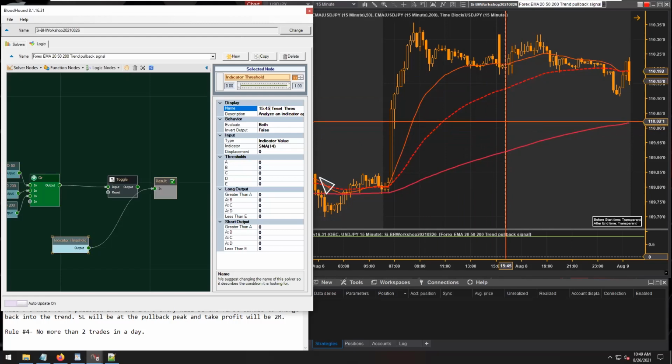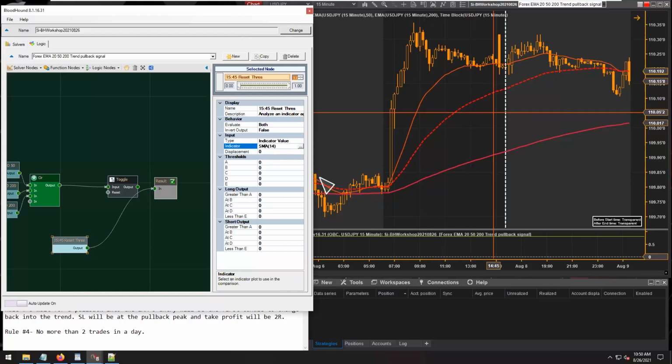So the bar before our 1600 Asian session, right? That bar is going to be 1545. There we go.